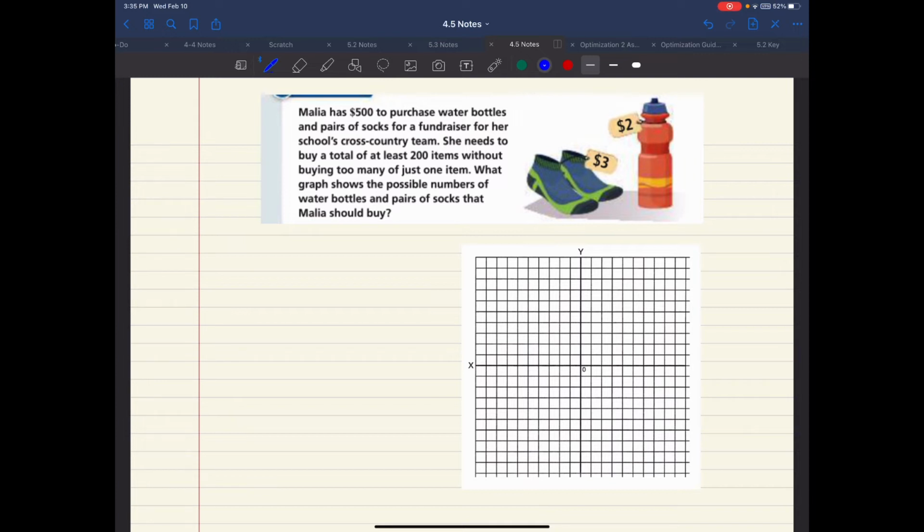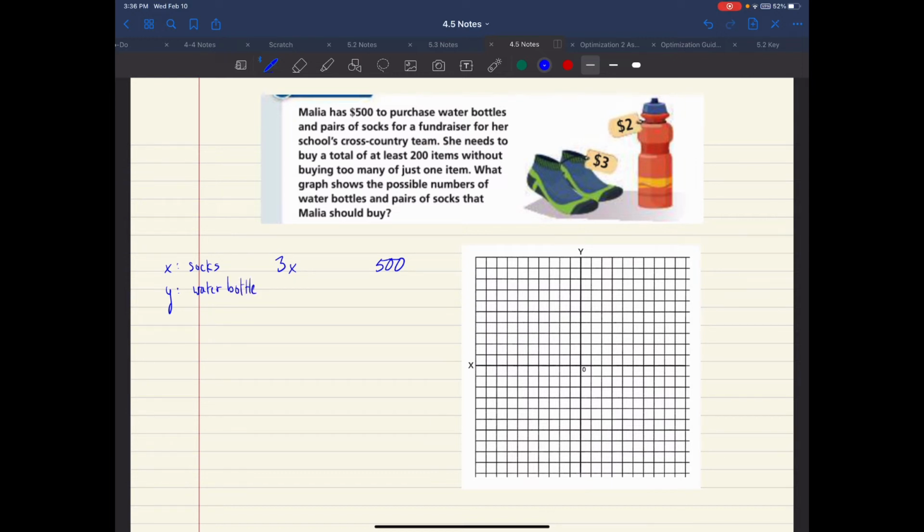With inequalities or equations, one of these is going to have to do with the number of items, and one of them is going to have to do with the dollar amounts related to those items. So I'm going to start with the dollar amounts. She has $500 to spend, and they will buy $3 pairs of socks. I'm going to say that x represents socks, and let y represent water bottles.